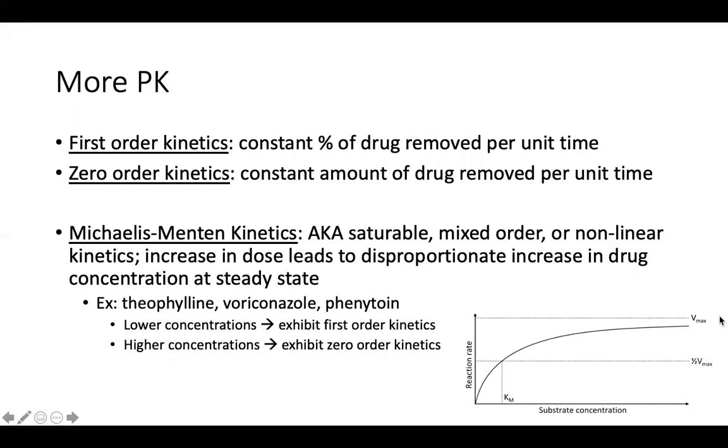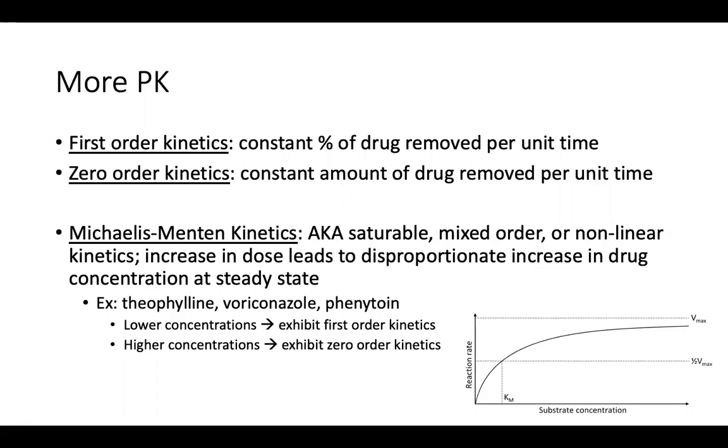And then Michaelis-Menten kinetics, also known as saturable, mixed order, or nonlinear kinetics. This is when there's a disproportionate increase in drug concentration at steady state after an increase in dose. Lower concentrations might exhibit first order kinetics, and higher might exhibit zero order kinetics.